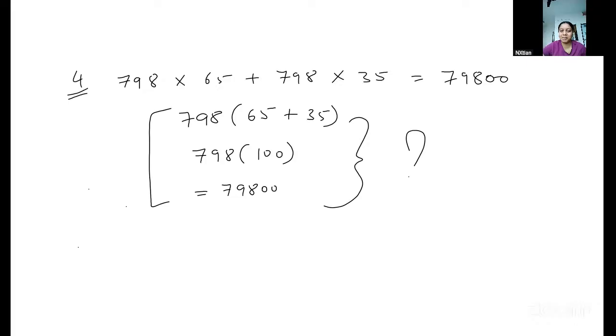Rest of the paper was good, but next time make sure you show the working. Ma'am, what marks did we get? I'll post it in the group today, the math answer sheets.